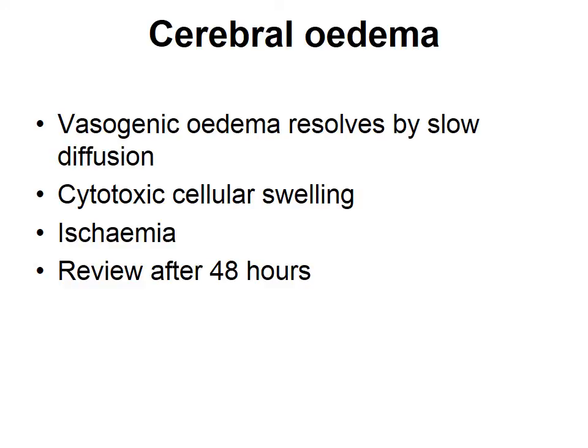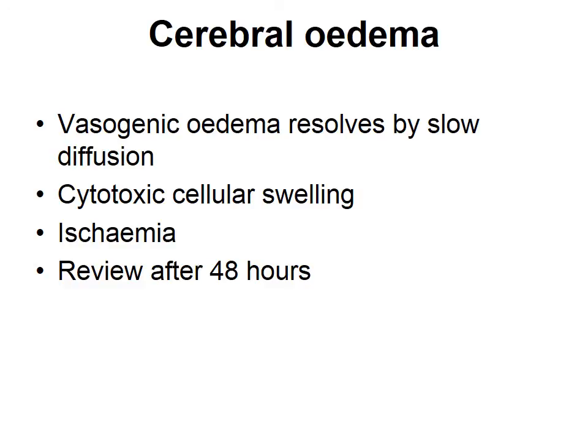And of course, sodium is osmotic, so that's going to attract water into the cells. So as well as an increased volume of interstitial fluid from the vasogenic cerebral edema, there's going to be an intracellular edema as well. The cells themselves will blow up, so-called cytotoxic cellular swelling.